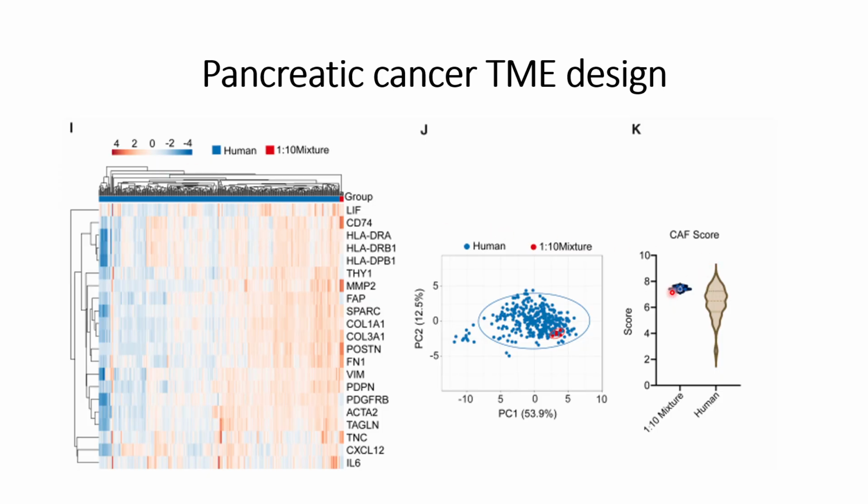However, when they checked the CAF scores, they were able to see that the cancer associated fibroblasts from the 1:10 mixture and from the human group are similar to each other. That is, there is no statistical difference that they were able to find, or it is not mentioned.